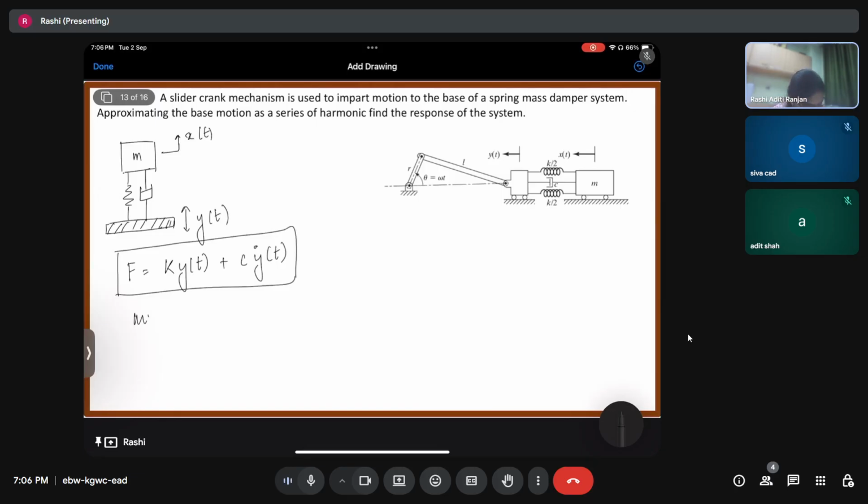And for the spring mass system, we have to write m x double dot plus c x dot plus k x is equal to F.